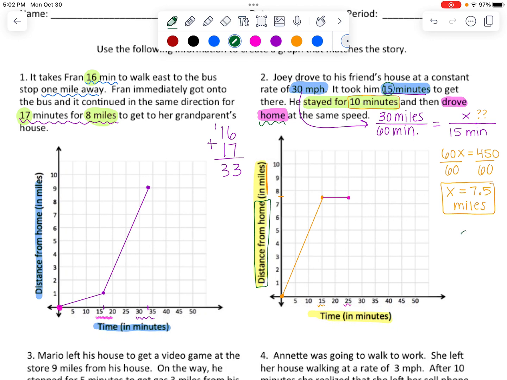So think, if you already have gone 25 minutes and you're adding another 15-minute trip, when you find the sum of that, it's going to be at 40. So I know that my next point is going to be at 40 minutes. And he's back home. Home is being represented by the x-axis. So I'm going to connect my two dots, and that's showing me how long it took for him to get back home.